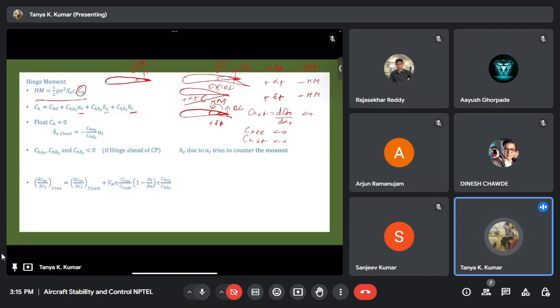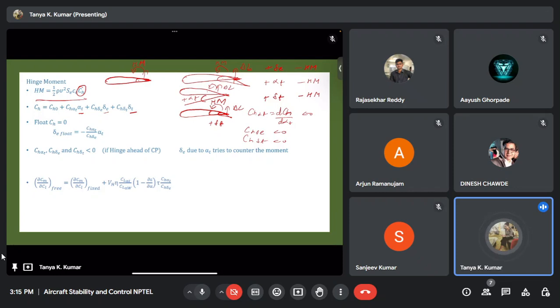Now to find out at what angle your elevator will float freely, we have to set this CH to be 0. Assuming there is no trim tab and it is a symmetric foil, so CH0 is 0, when we rearrange the terms, delta E float, or delta E freely floating, is given by minus CH alpha tail over CH delta E, directly proportional to alpha tail.